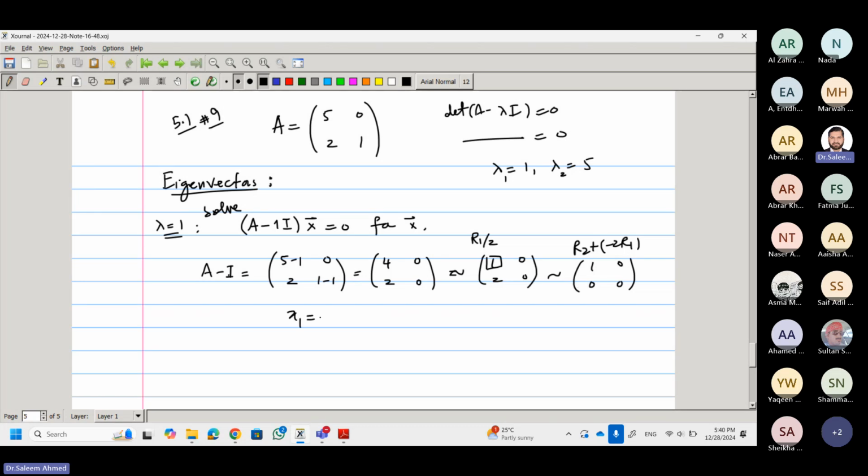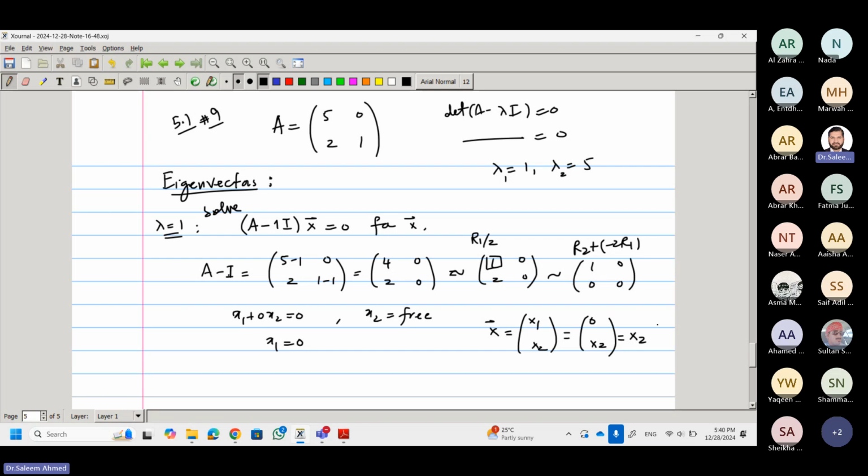But here you got x1 equal to 0 and x2 free. The first equation basically gave you x1 plus 0 x2 equal to 0, right? So this means your x1 is 0 and x2 is free. Now if you write the vector x1, x2, your x1 is 0 and x2 is free, so it remains x2.